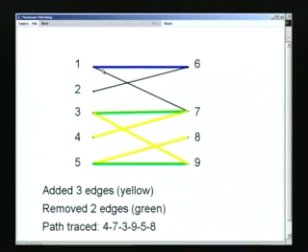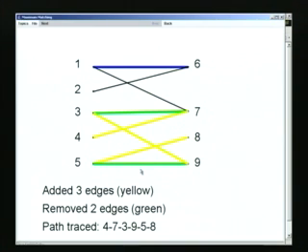So, the old matching was this matching 1, 6, 3, 7 and 5, 9, right. So, the old matching is the blue edges and the green edges. The path is this. So, the path is the yellow edges and the green edges.